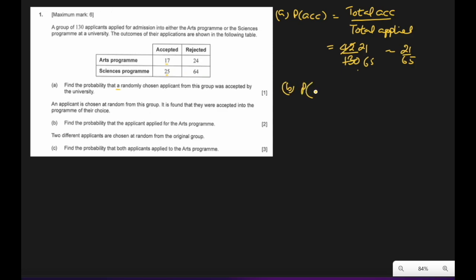Probability that the person was from arts provided he was accepted. In that case, we already know that the total number of students who were accepted was 42, and how many of them were in the arts department? They were accepted 17. That's the answer.